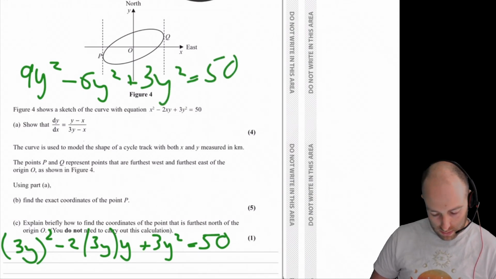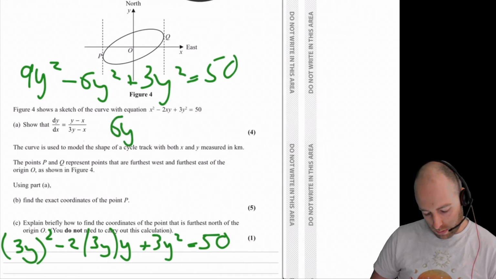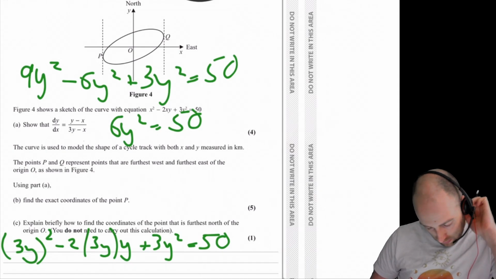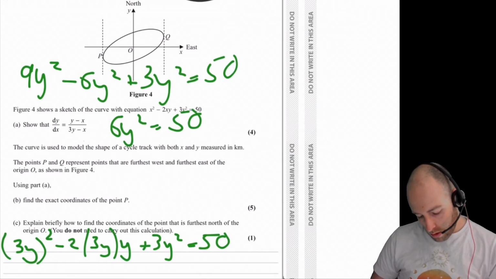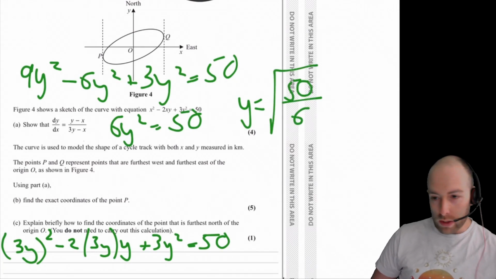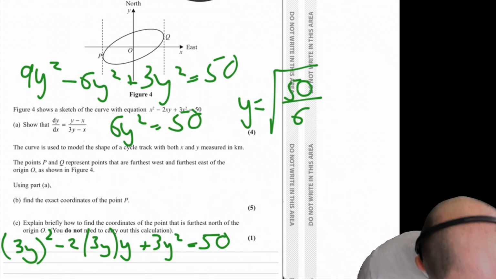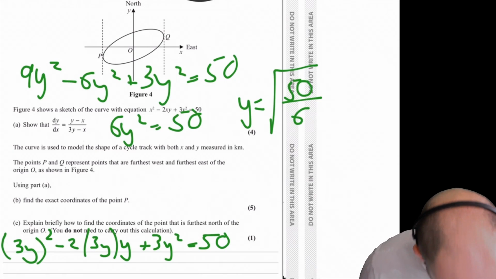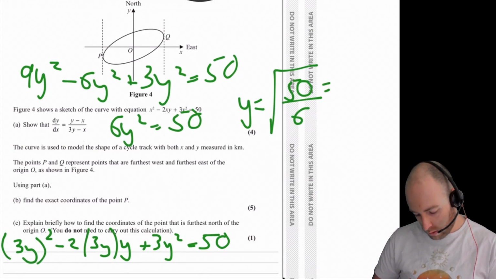So 9 take 6 is 3, plus 3, so we get 6y squared equals 50. So y is the square root of 50 over 6, which does simplify. I think that gives you 5 root 3 over 3.